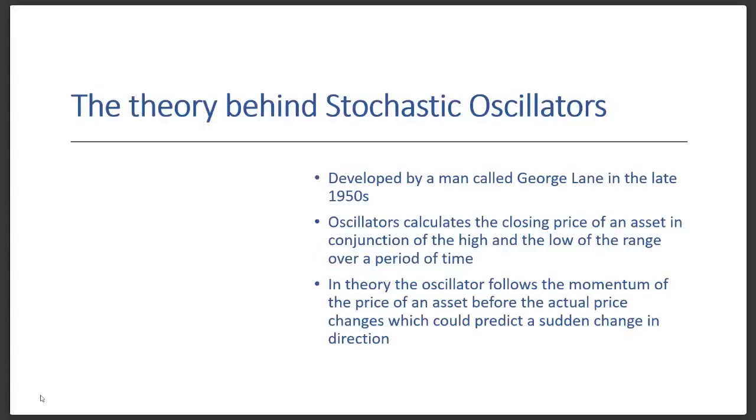Basically, they calculate the closing price of an asset with the range of the highs and lows. Instead of focusing so much on the actual price, it gives us a hint of when something might change.